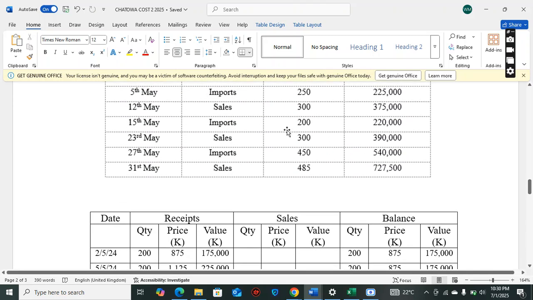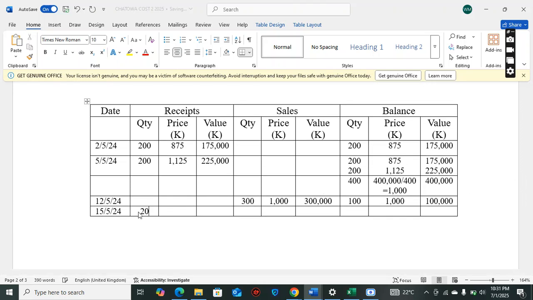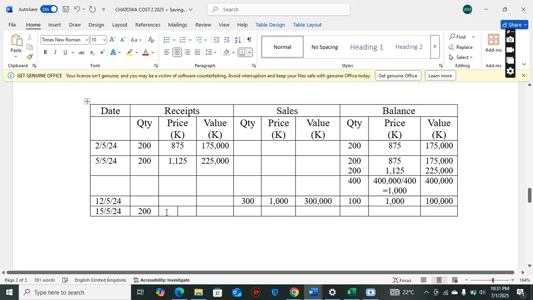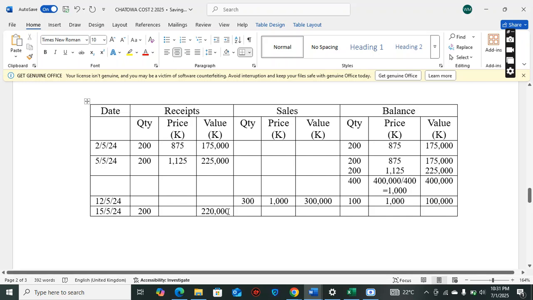On the 15th, we imported 200 solar panels valued at 220,000. We'll find out the cost of each solar panel here. So 220,000 divided by 200. What do we get?